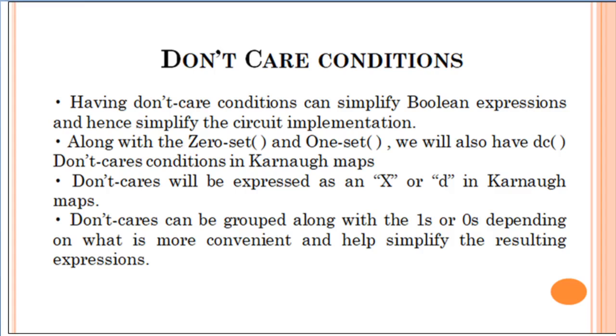Don't care can be grouped along with the ones and zeros depending on what is more convenient to help us simplify the resulting expression. For the don't care condition, we can use it for our convenience. Either this can be treated as 1 or this can be treated as 0 according to the convenience of the user.